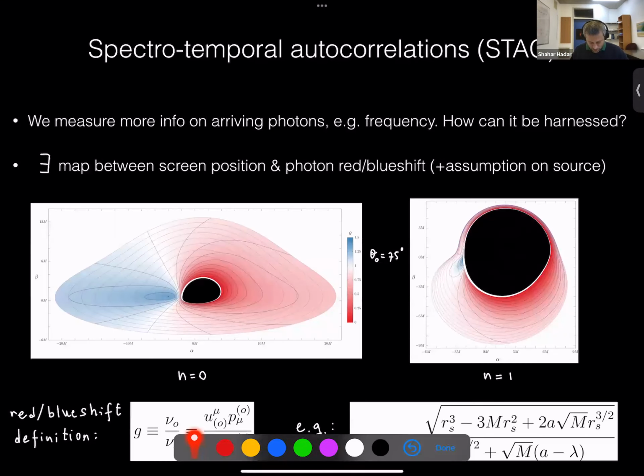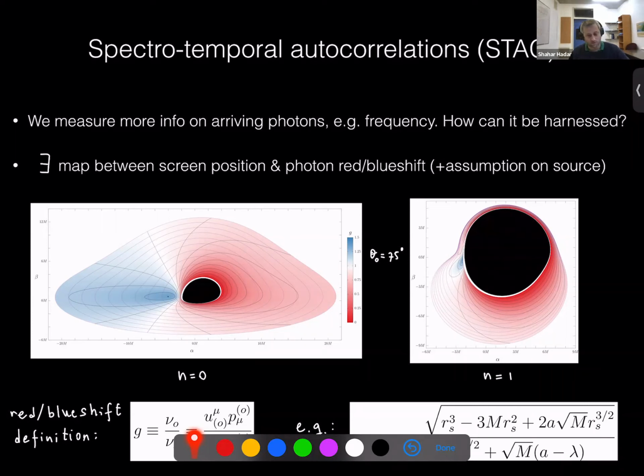All right, so let me tell you about the latest advancement here. The idea is this: we measure more information on the arriving photons, not only the location on the screen where they arrive, but also their frequency.